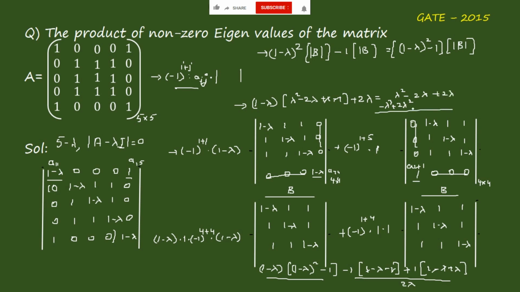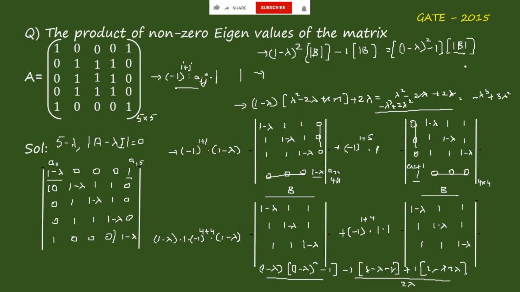So on substituting, these two get cancelled. It becomes minus of lambda cube plus 3 lambda square, right? So this one we got as the B value.